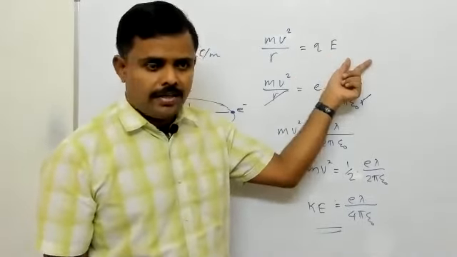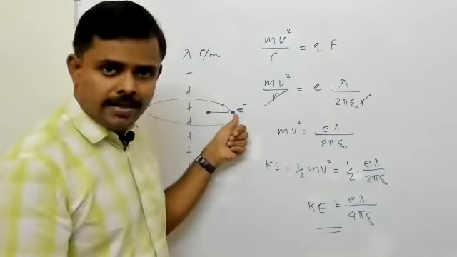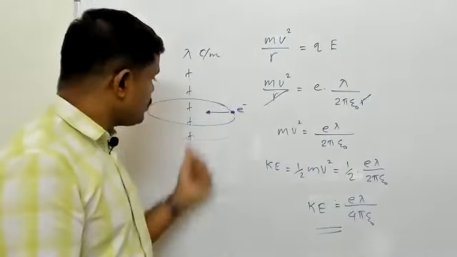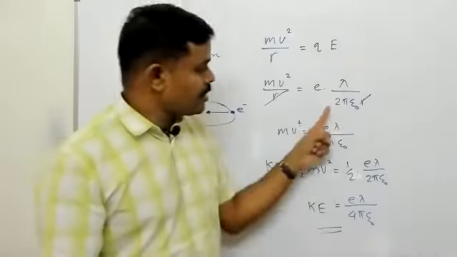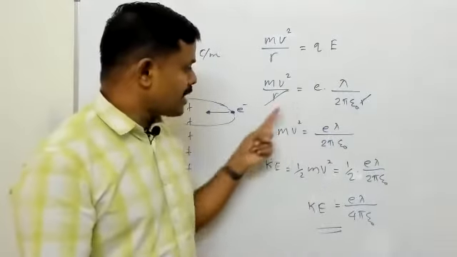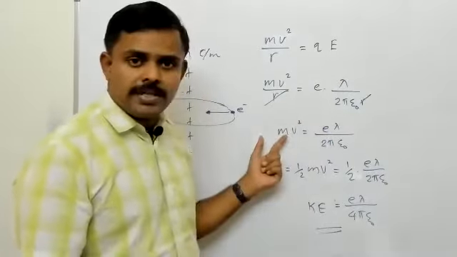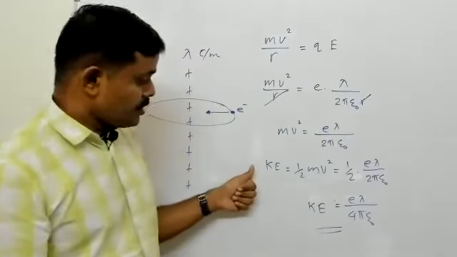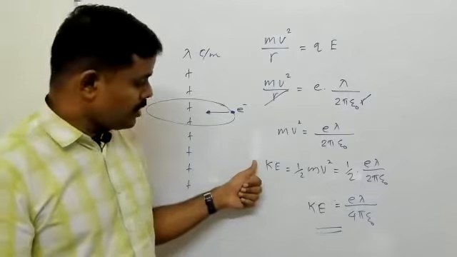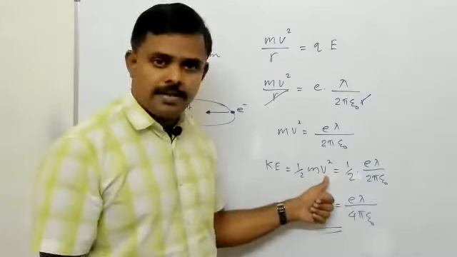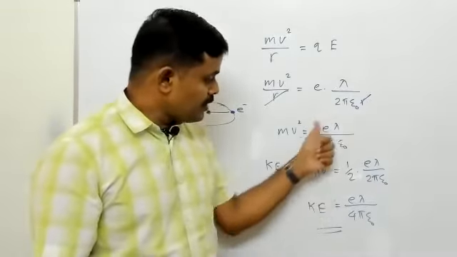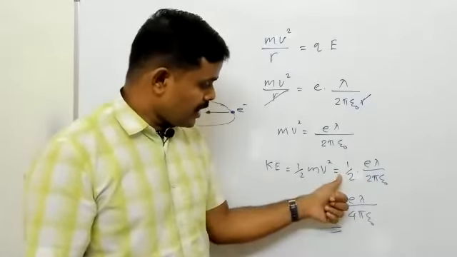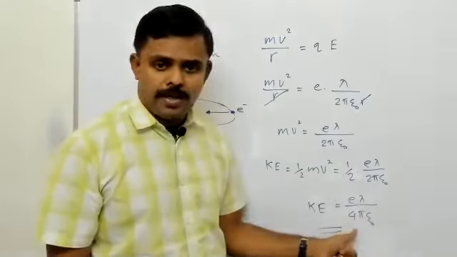The charge here is the electron's, e. The electric field due to a line of charges is lambda by 2 pi epsilon 0 r. r gets cut on either side, and you get mv square equal to e lambda by 2 pi epsilon 0. Kinetic energy is half mv square, which is half into e lambda by 2 pi epsilon 0. So you get e lambda by 4 pi epsilon 0.